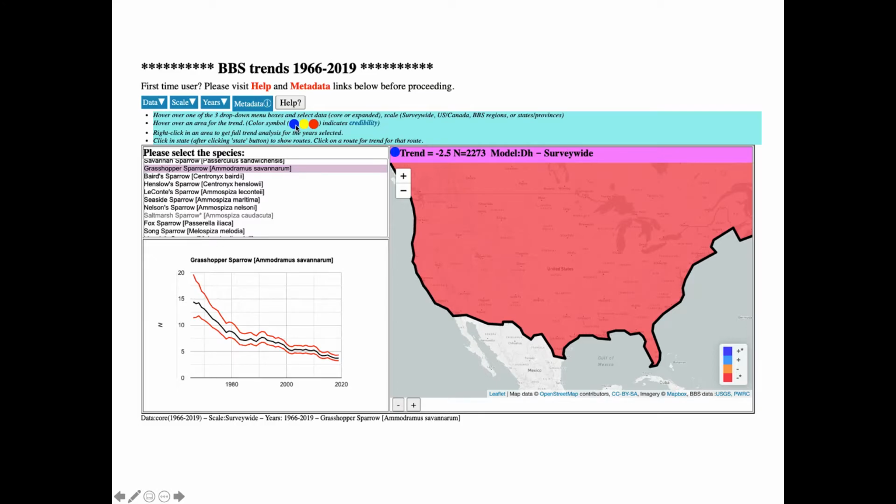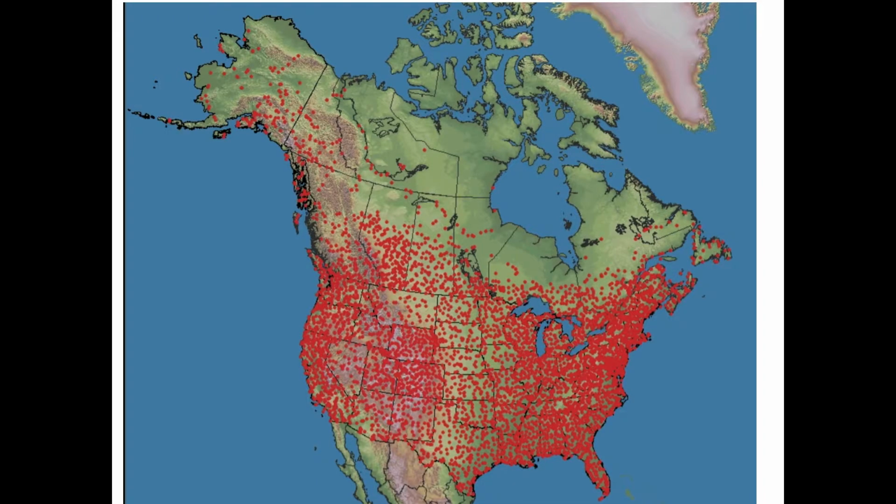From the beginning, from 1966, which was the first year, all the way to 2019, which is the most recent year of data in the Breeding Bird Survey database. So in this case, we've got a species that's obviously declined over time and emblematic of a lot of the grassland birds and their plight. This is the sort of information we can get from the Breeding Bird Survey.